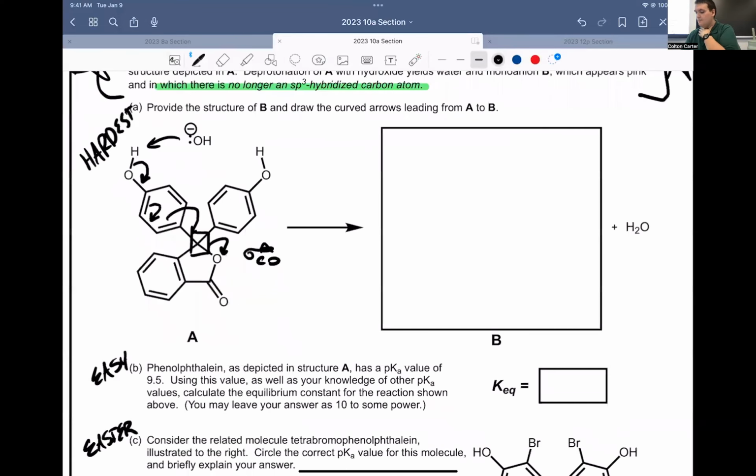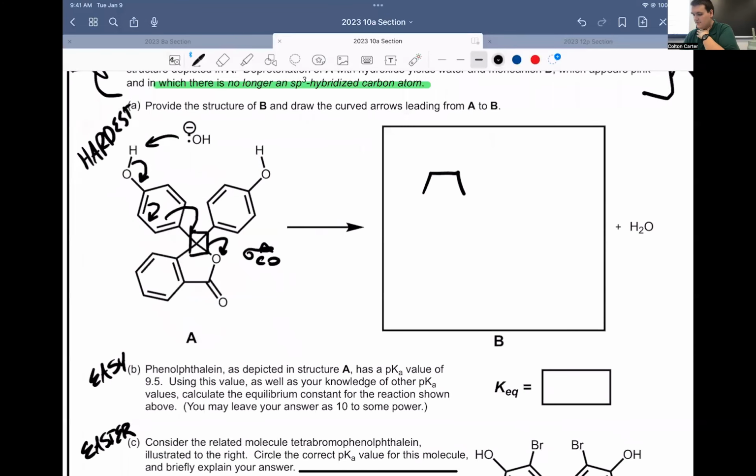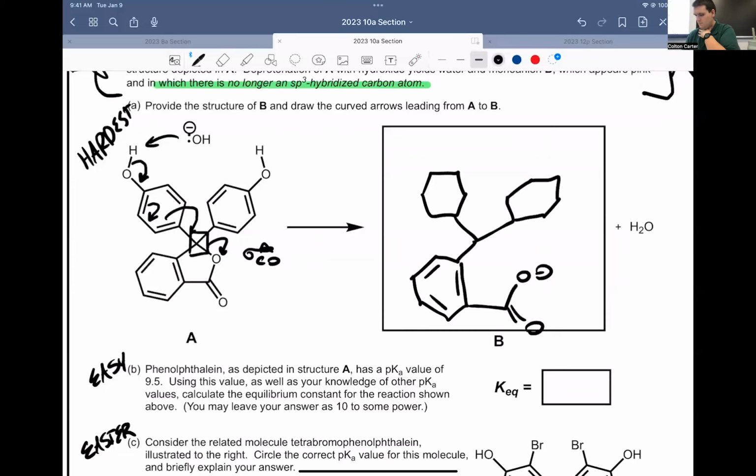And what we've done now, if I'm going to draw the skeletal structure of that transformation that we just did. So this is everything that did not change, right? The only thing that I've done so far is I've broken that bond. But we need to make all of the changes that our arrows did.